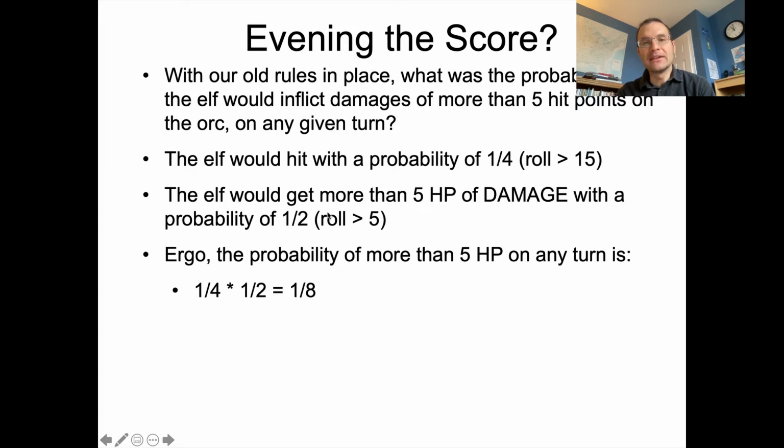These are independent events, so you just use the product rule and multiply their probabilities to get the overall probability of 1 out of 8. So on 8 different turns, you'd expect to see more than 5 hit points of damage on the orc 1 out of 8 times, assuming the elf has survived that long, right?